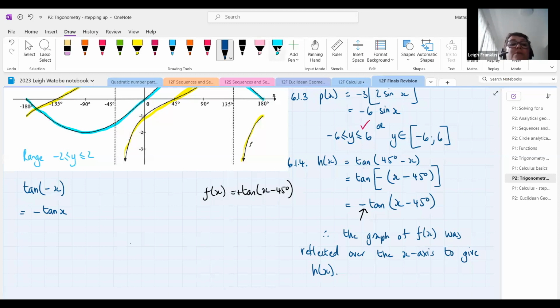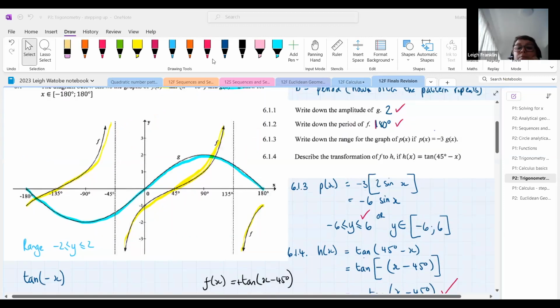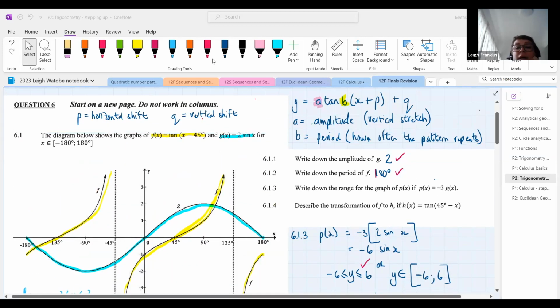Well done, everybody. Okay, so this would be out of 2 marks. 1 mark would be for getting to that stage, and the other mark would be for saying that it was reflected over the x-axis. Okay. All right, nicely done, everybody.